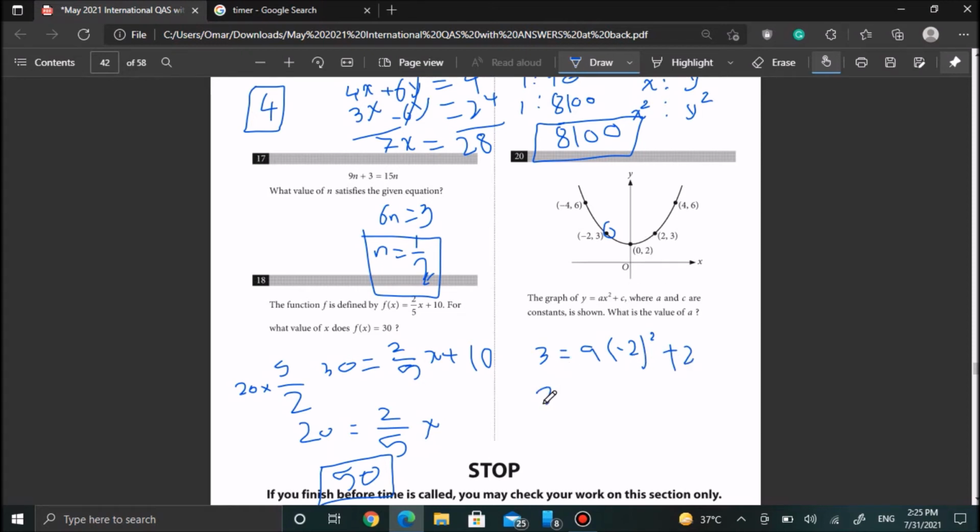So 3 equals, well, -2 squared is 4, so that's 4a plus 2. And then subtract 2 from both sides, you get 4a equals 1, 3 minus 2, right? And then a is equal to 1 over 4.